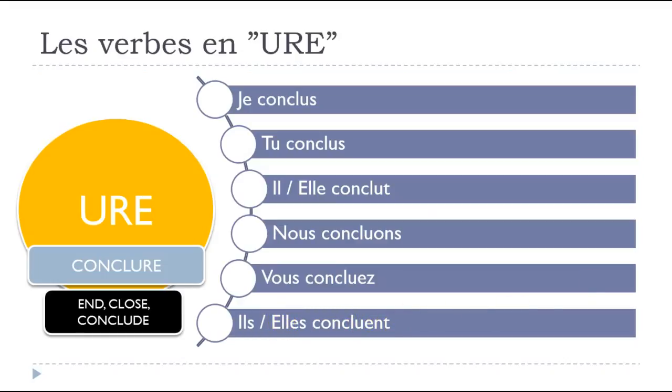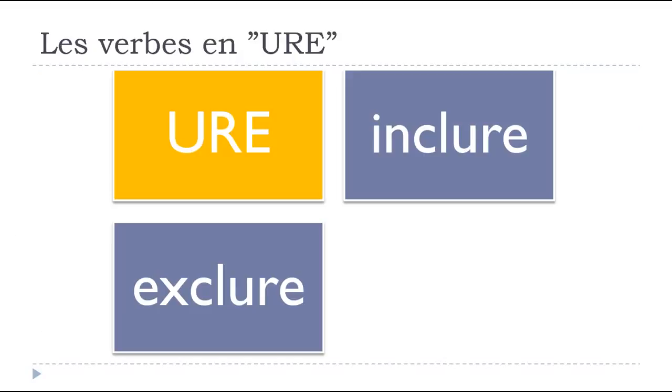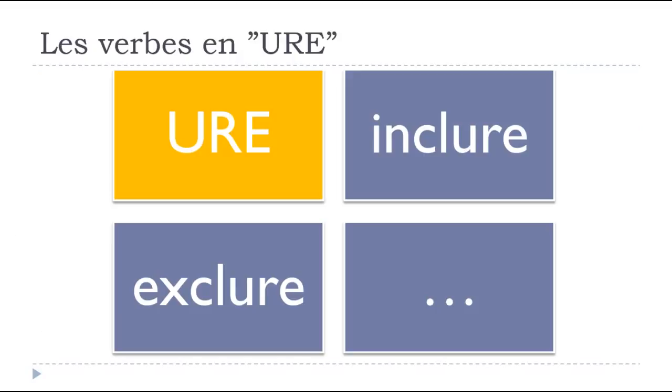When I say it's a micro group, it's just because you will see that we've got actually two verbs that will be conjugated like conclure. Honestly, it's quite important to introduce them anyway because they are not that tricky to conjugate. And it's inclure and exclure.